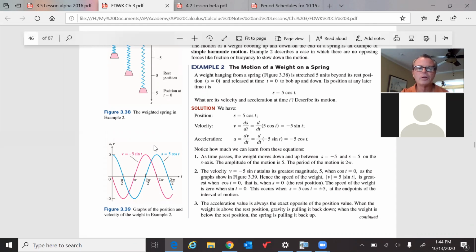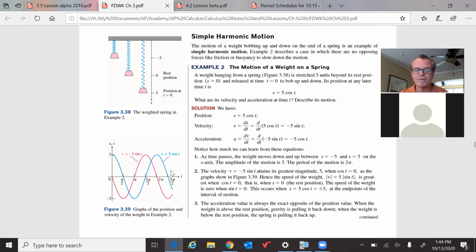Down here, the position is the blue graph. The derivative is the red graph. Well, the derivative would be the velocity graph. These two complement each other. That's your job, is to make a connection between the two modes. So I go over here and I say, let's see what this picture looks like.